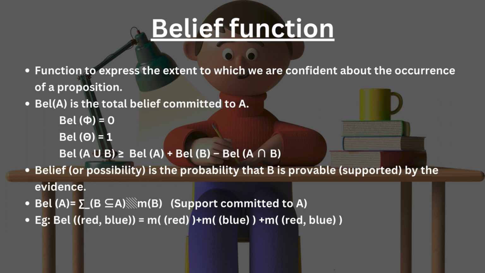It is calculated as the sum of the basic probability assignment, that is m, for all subsets of A. For example, if A is the car is red or blue, then belief in red or blue is calculated as the basic probability assignment for red, plus the basic probability assignment for blue, plus the basic probability assignment for red and blue.